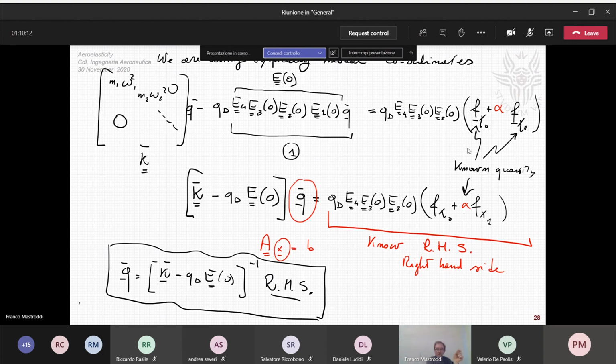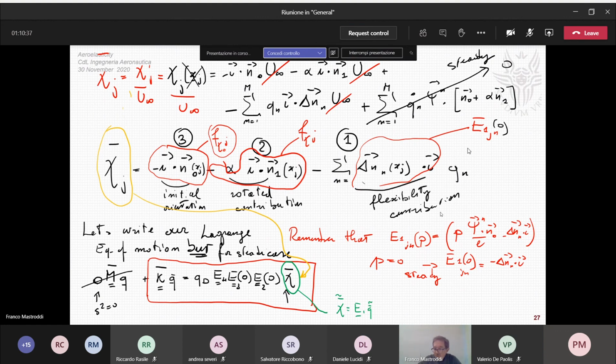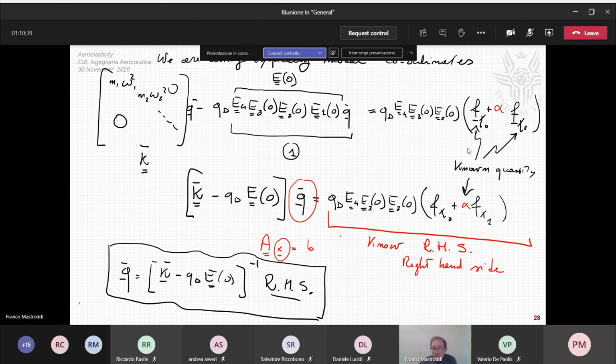Now, in the case with alpha equal to 0, you can do the same. You could obtain something not equal to 0 also in the case of alpha equal to 0, because you have this f k contribution. Look, the f k contribution here is arising from this term. This is the original one term.